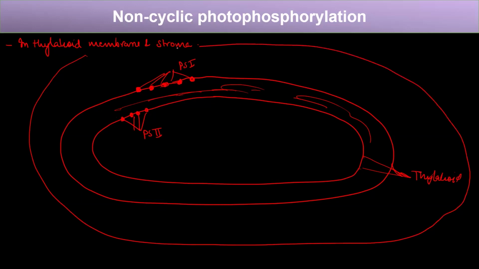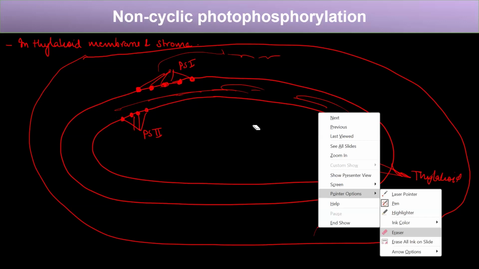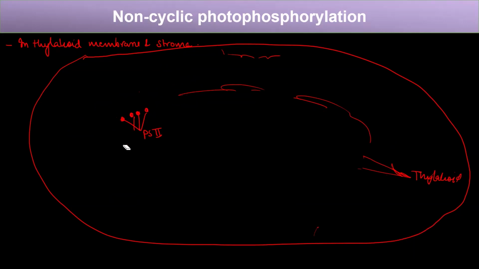And here the photosystem 1 is present. So if it will catalyze some reaction that we'll see, it will go into the stroma, right? Because of this reason, I'm saying that this non-cyclic phosphorylation is happening in the thylakoid membrane and the stroma.